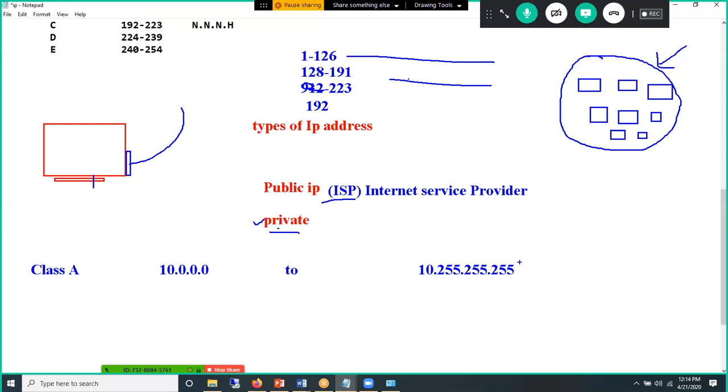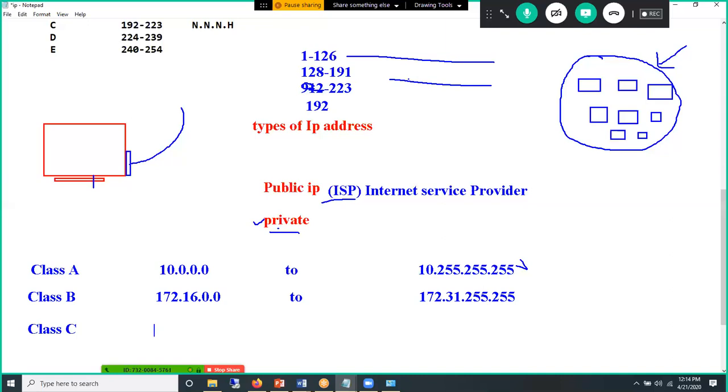Except this, all IPs are public in class A. Similarly, in class B, the range starts from 172.16.0.0 to 172.31.255.255.